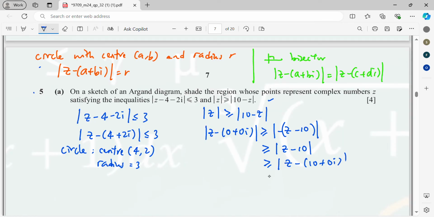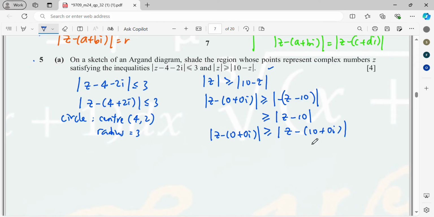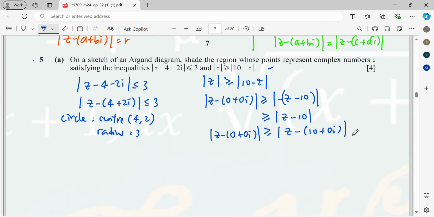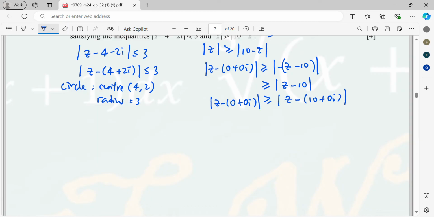Then I know that my points will have coordinates (10, 0). When this inequality changes to an equal sign, which is the equation, I will be getting the perpendicular bisector passing through 2 points. So from here, I need to sketch the center (4, 2).